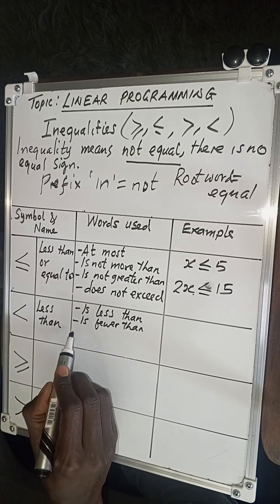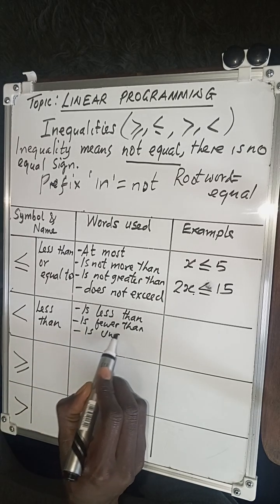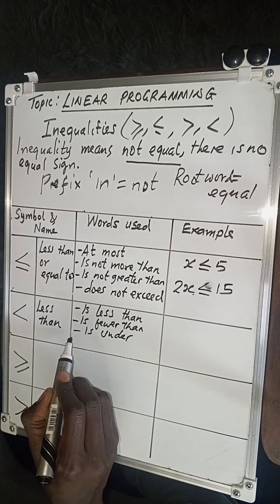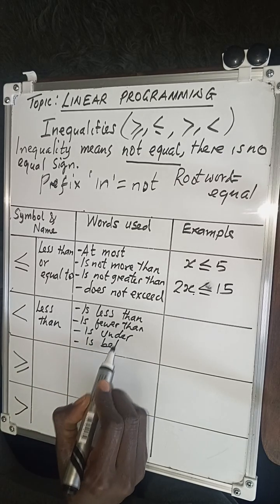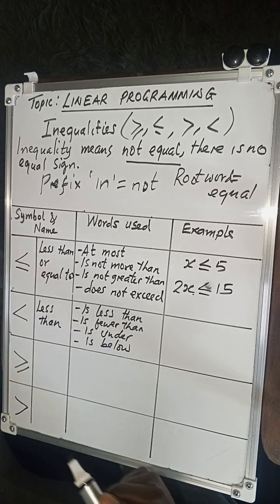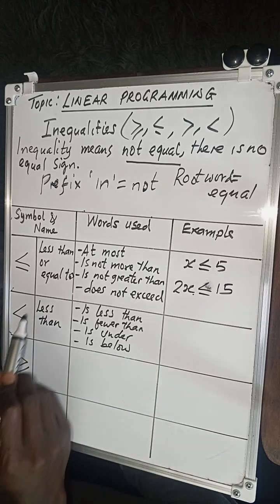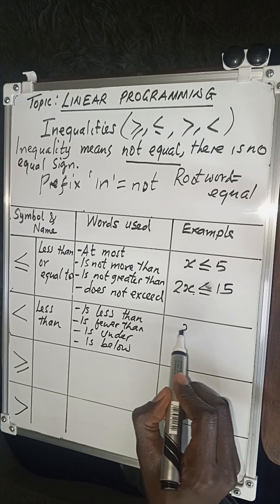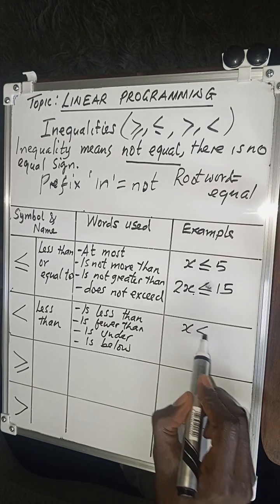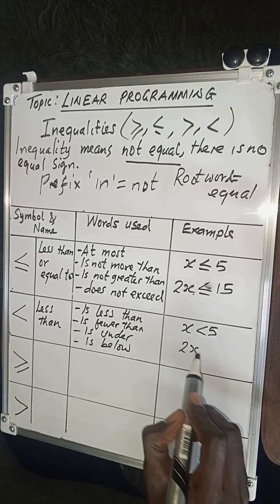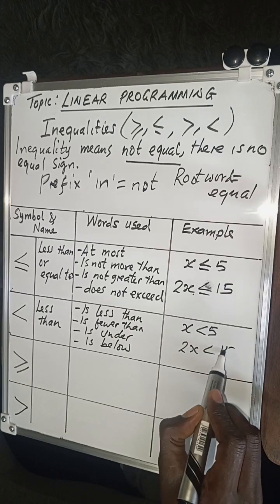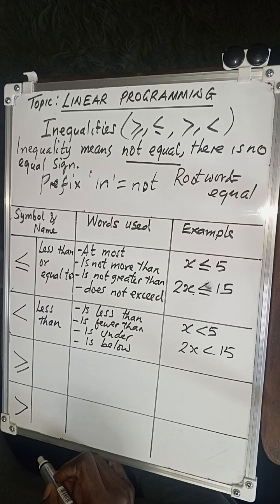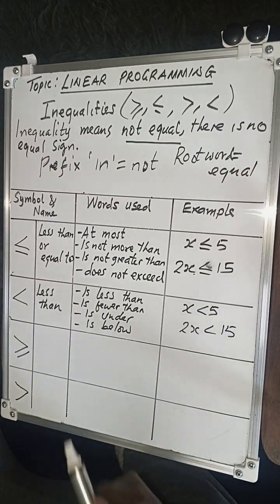We can use words like "is under". We can use words like "is below". When you find such expressions in a mathematical statement, then you can use the less than symbol. For example, if I have x is less than 5, or 2x is less than 15, you can see that here we are not including the equal to sign.